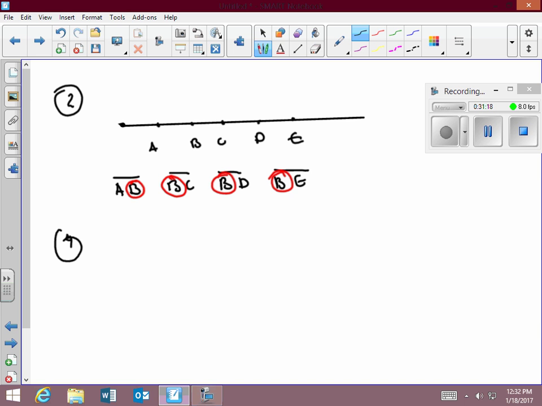Just 2 then. Technically there's 2, I think, so it'd be CA and then CE. Now, it depends upon how, if they wanted to do it the way they're saying, how many different designations of rays are there that have C as an endpoint?